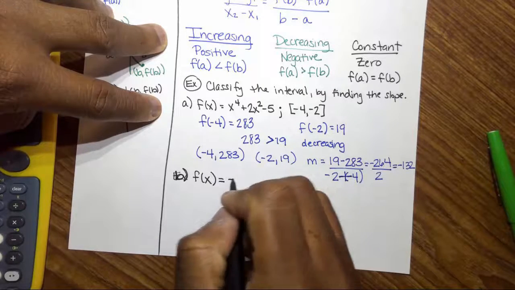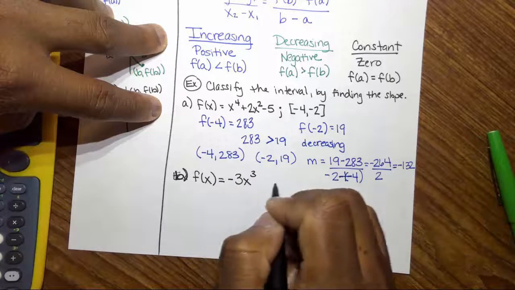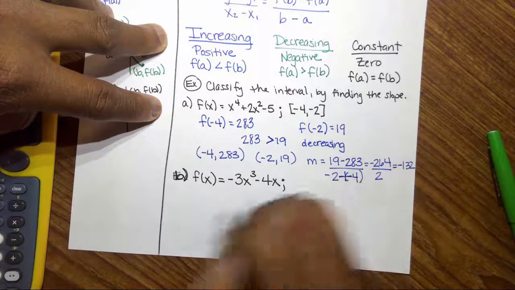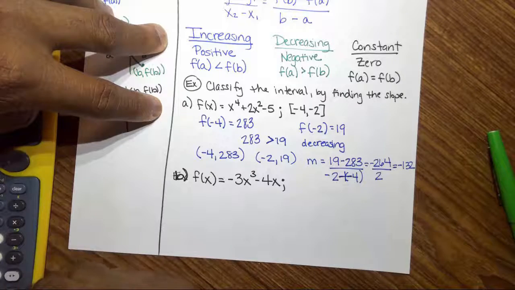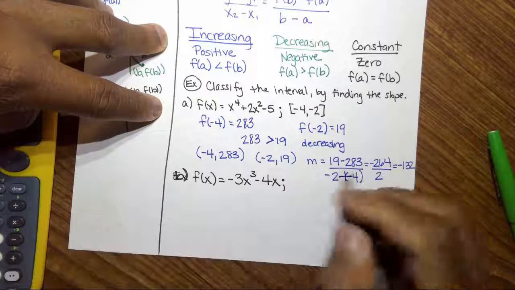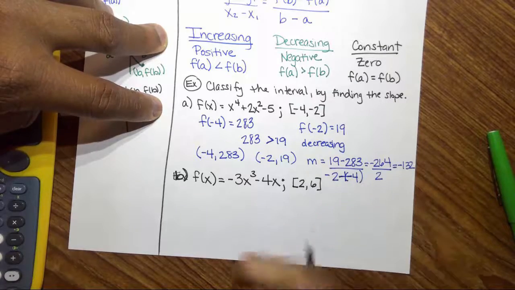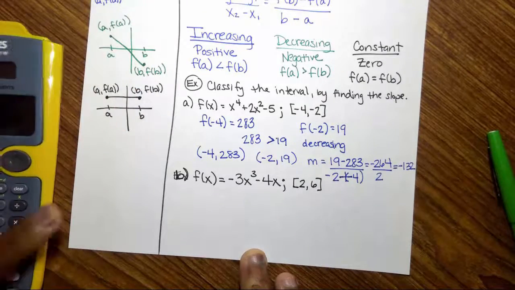f of x is equal to negative 3x cubed minus 4x. I want to know what's happening from 2 to 6 on this interval. So on the interval 2 to 6, what's happening to the function?